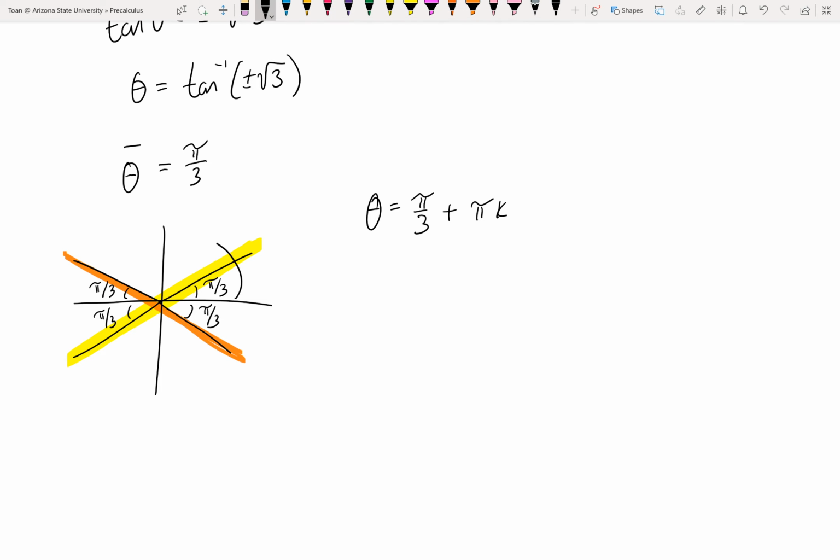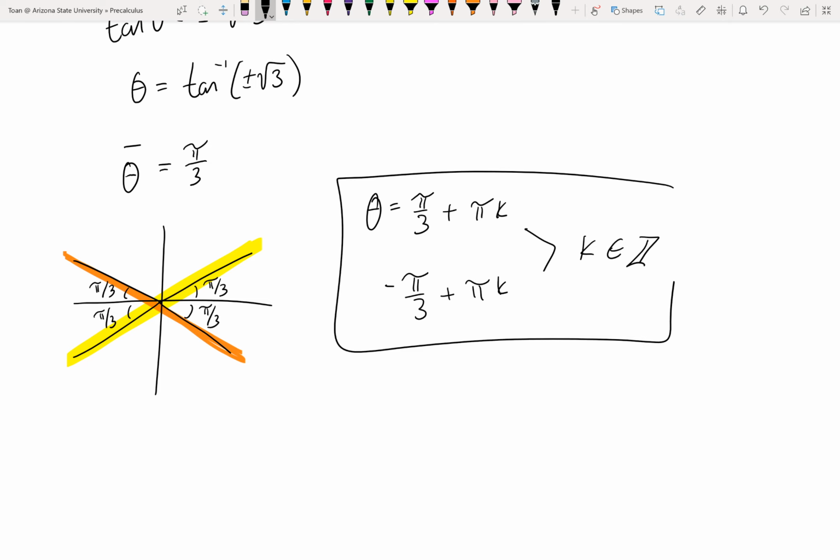Some people like to start in the positive angle. Other people, they don't mind negative angles. I think the textbook uses negative angles, so I'll go ahead and use that. So this angle right here, since it's going clockwise, is negative pi thirds. Right. And of course, you got to tell the reader what k is. So those are the trig solutions. Those are the solutions to that equation.